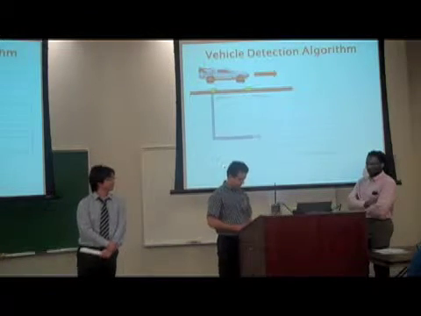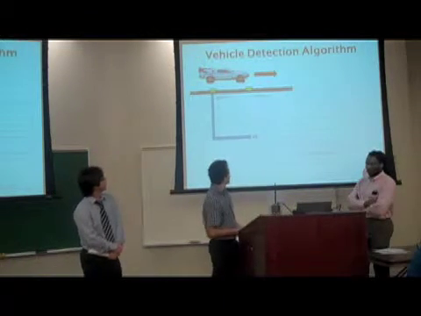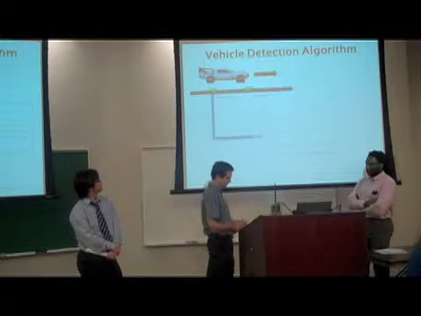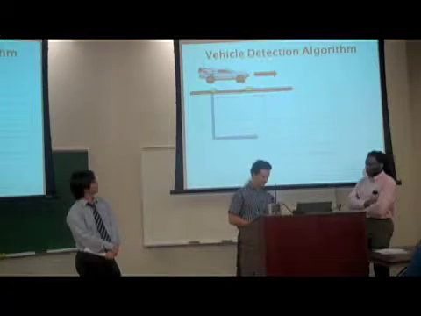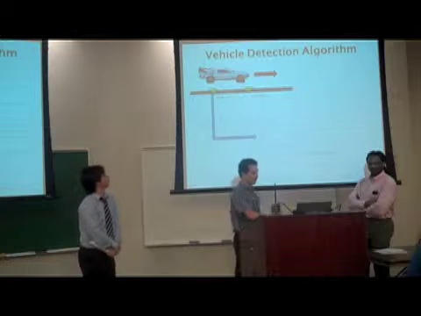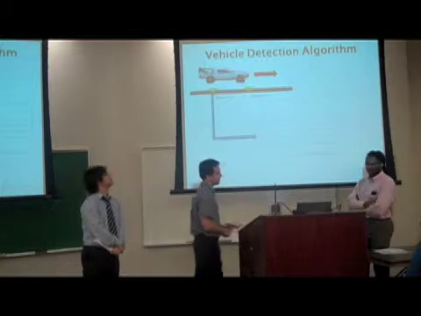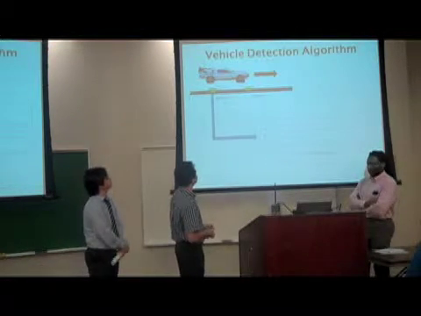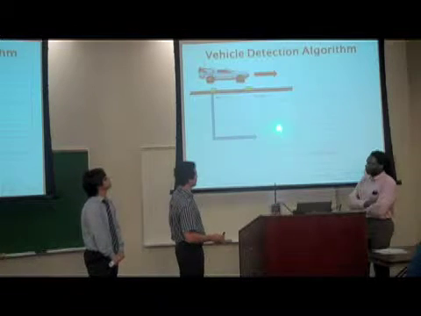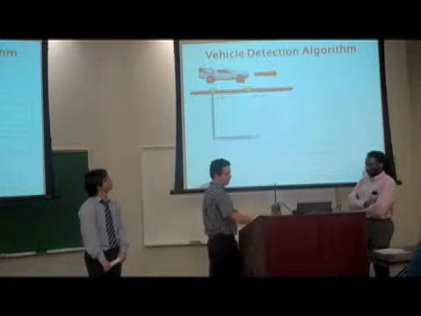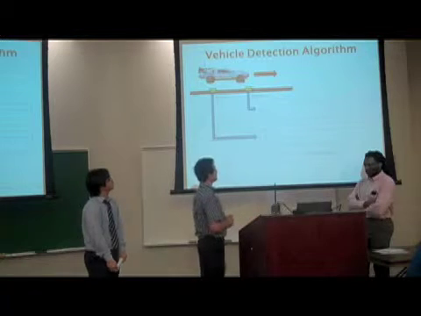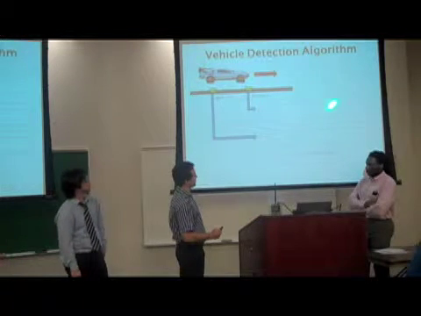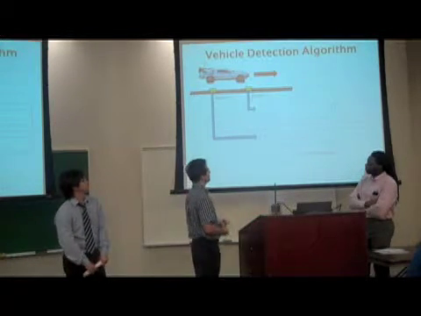Next, I'd like to discuss our detection algorithm. It's actually a state machine which identifies key features of the vehicle's magnetic signature. In brief, when the DeLorean passes over the first sensor, we get a reading, and when it passes over the second sensor, we get a very similar reading, just slightly delayed in time.